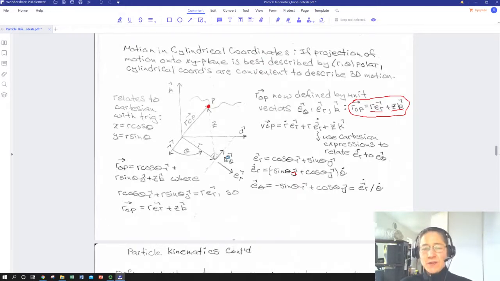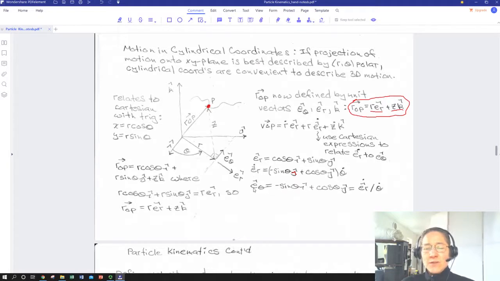We can write a similar expression for theta hat that we did for r hat using another trigonometric expression. In this case, we would look at this direction being the hypotenuse and make a different right triangle. And as it turns out, our theta hat direction is negative sine theta in the x direction plus cosine theta in the y.